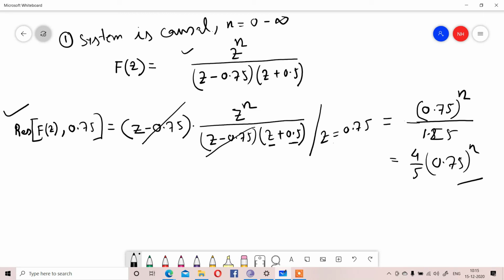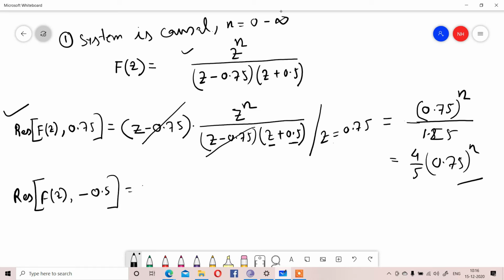So that is your first residue value for the first pole. Now you have two poles, so you will have two residue values. The second residue value will be for f(z) at minus 0.5, that is your second pole.